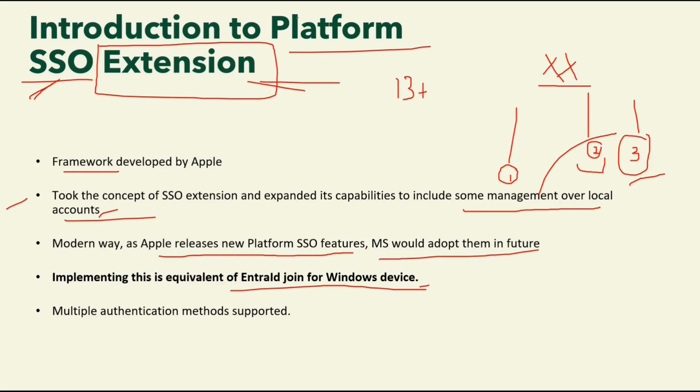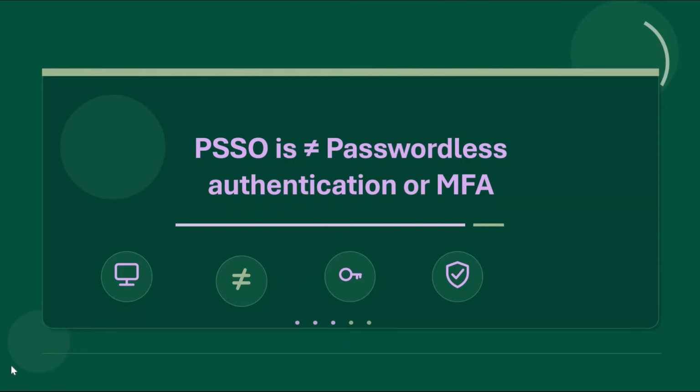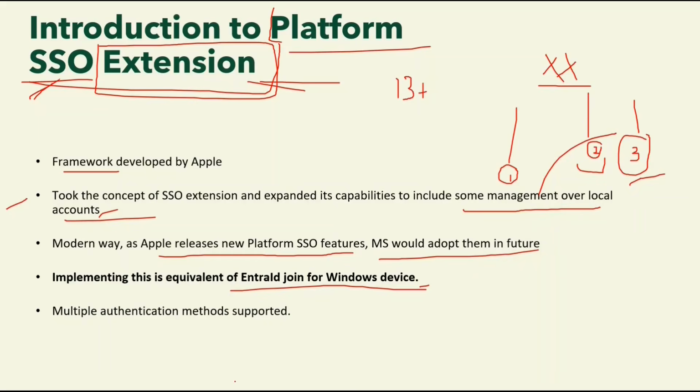Now that we have understood what Platform Single Sign-On extension is, we need to understand what Platform Single Sign-On extension is not. I'll explain that, but maybe I skipped this point.